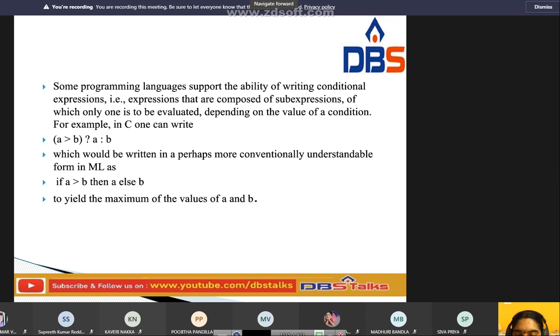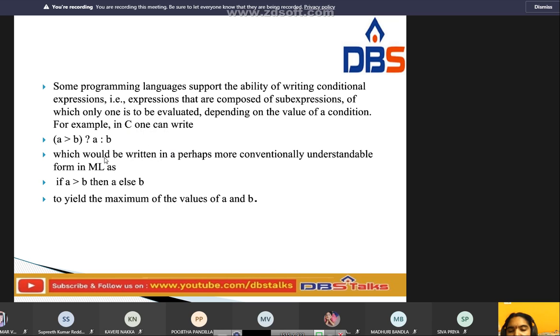These expressions are composed of subexpressions of which only one is evaluated, depending on the value of a condition.